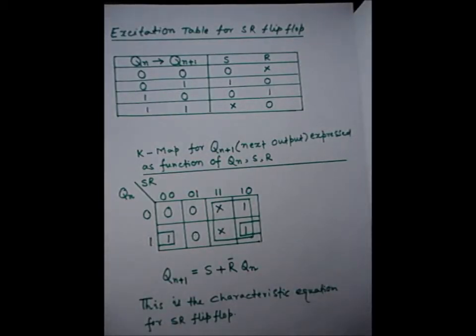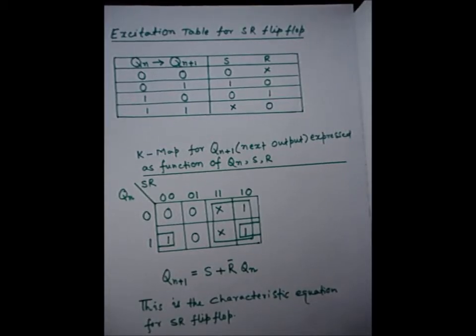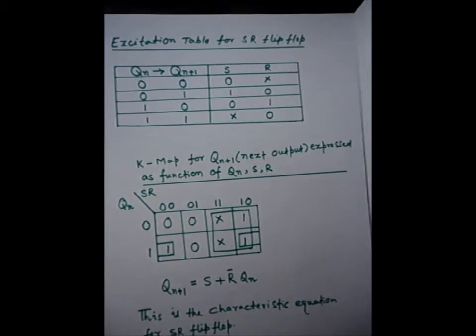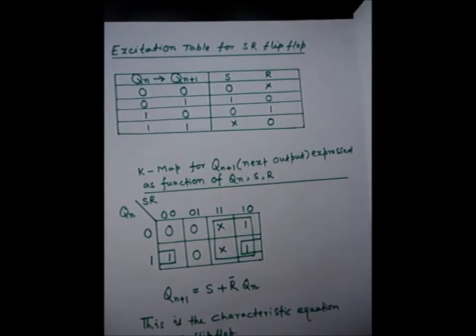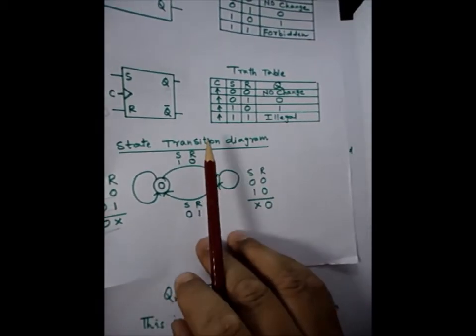We will discuss the derivation of the characteristic equation for the SR flip-flop. For this, first let us prepare an excitation table for the SR flip-flop. How to prepare the excitation table? The excitation table is prepared from the state transition diagram.